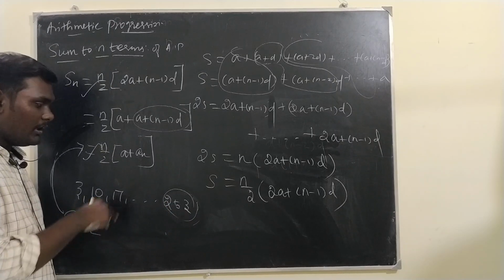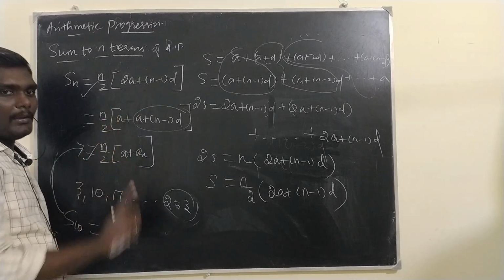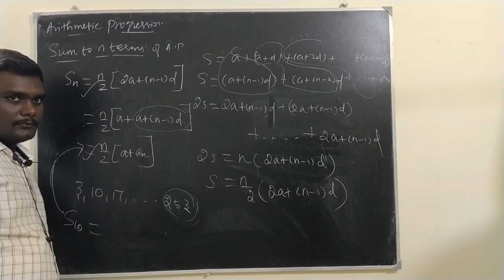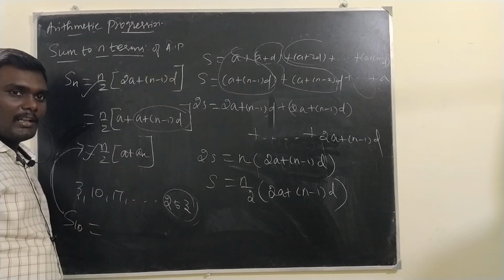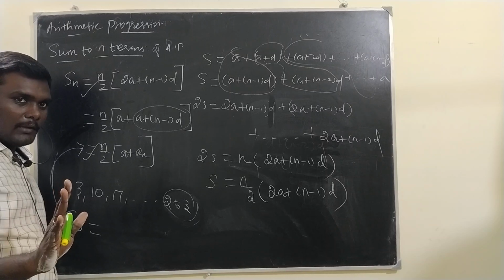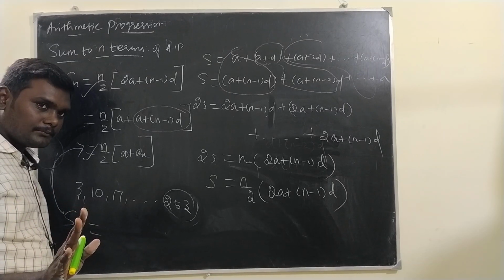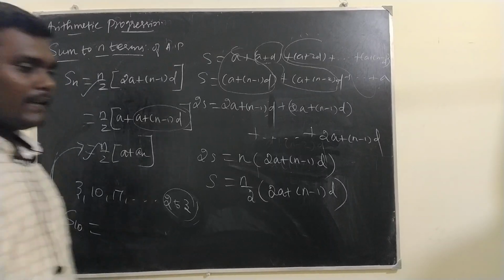S10 means 10th term only you have to apply in that place, or else you can directly go with that formula. Okay, or else remember this formula like a plus an, then you will not get confused. Have you got what I am saying? That is it. Okay, now we'll see some examples.